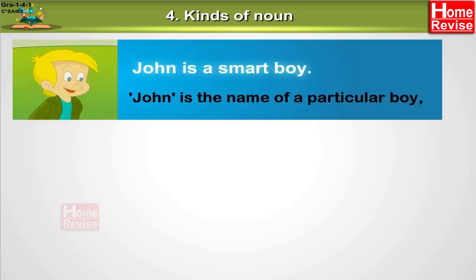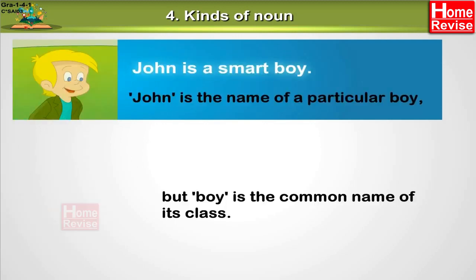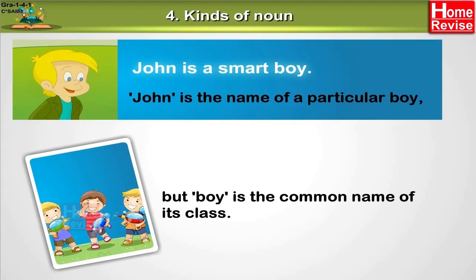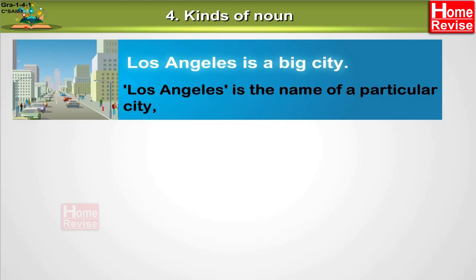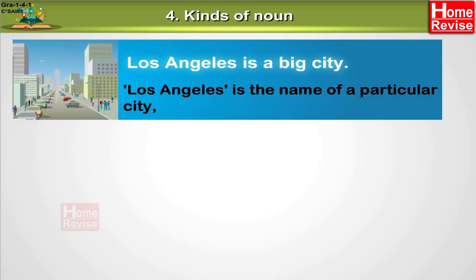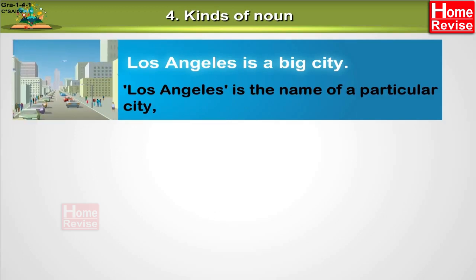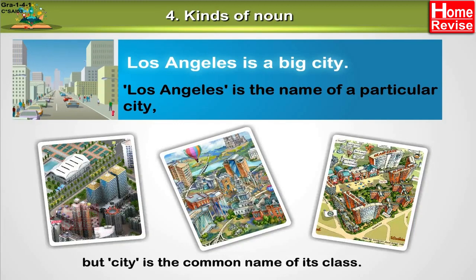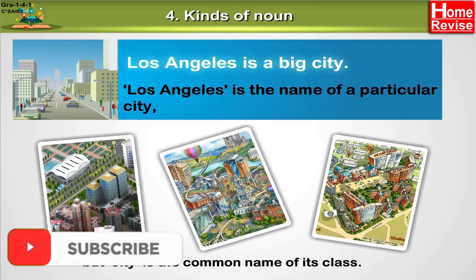John is the name of a particular boy, but boy is the common name of its class. Los Angeles is a name of a particular city, but city is a common name of its class.